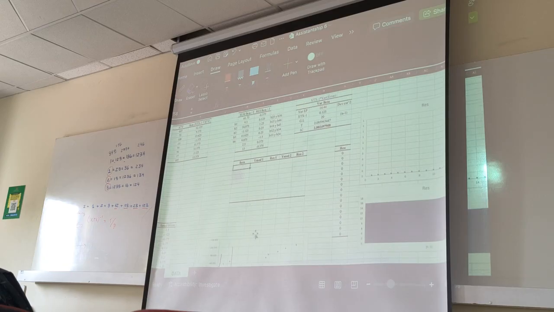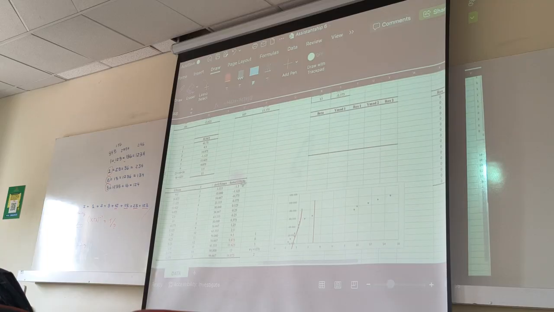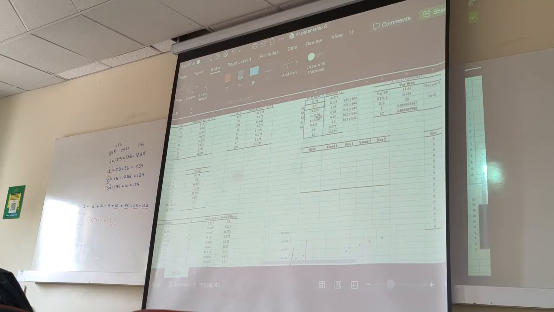Okay, so we get that in this case, this one and this one are not significant. So when it's not significant, we are going to use a 0 in the beta. The same for that.